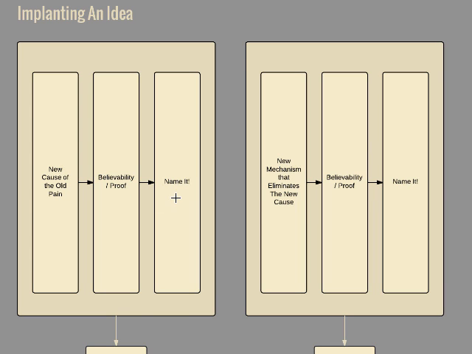And the last part, which is not really taught a lot, is naming something. So if you have a new cause of a problem, you want to name that new cause. Let's say we're talking about atherosclerosis, or arterial plaque, and we were saying that it's the pH balance of the blood that is actually the cause of arterial plaque.